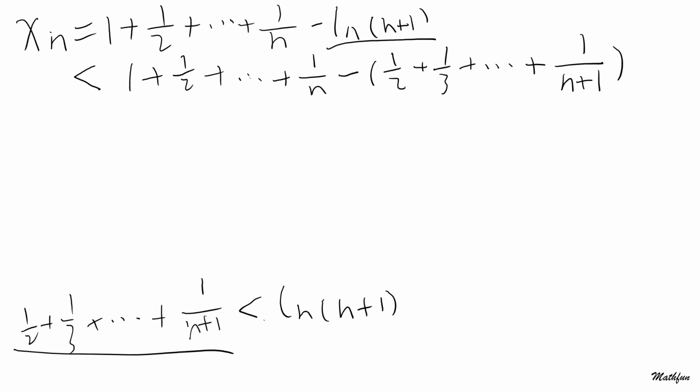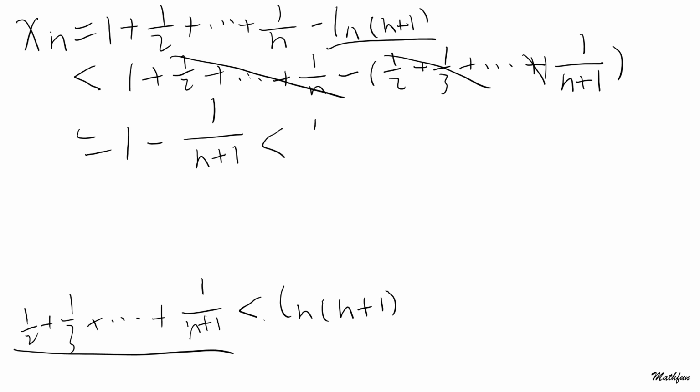Okay, so now we can cancel all those out. That will give you 1 minus the reciprocal of n plus 1, which is obviously smaller than 1. So we prove that xn is bounded above.